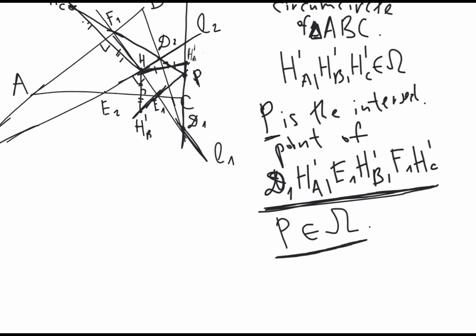So now we observe that the quadrilateral D1 H D2 HA prime is cyclic.